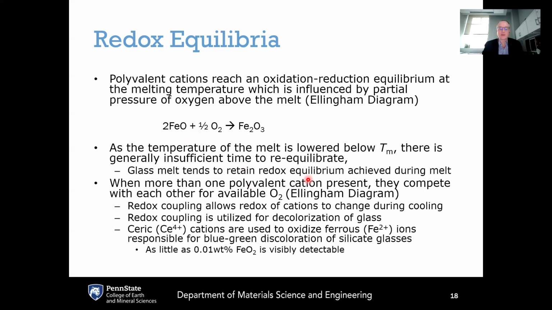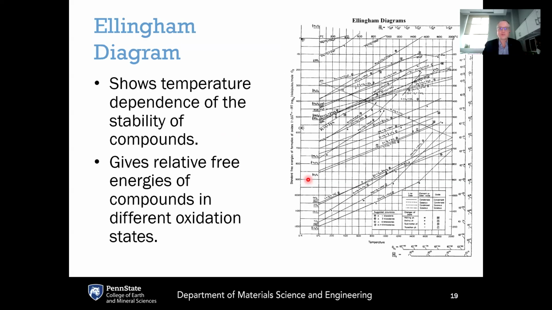And we can evaluate that using an Ellingham diagram. This is not a great image, but Ellingham diagrams tell you the variation of the Gibbs free energy of redox reactions in the glass melt. The lines here show how the Gibbs free energy is changing, and the slopes of those lines would be the negative of the entropies of those reactions.